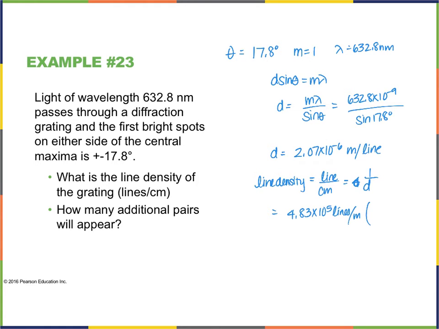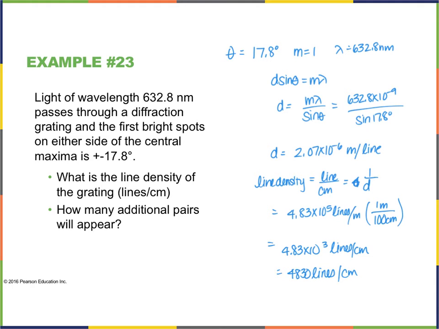Now, it asks for lines per centimeter, so I would want to change the units of this. And this would end up to be 4.83 times 10 to the 3rd lines per centimeter, or I could just say it's 4,830 lines per centimeter.